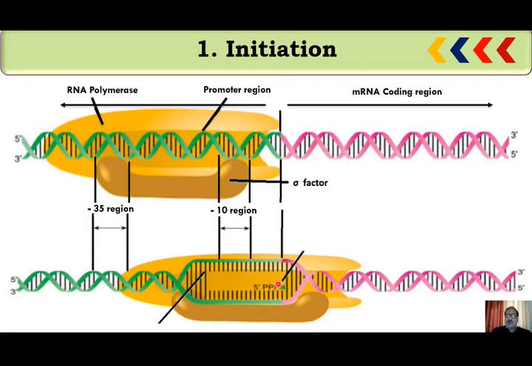Now, from -11 to +3, these nucleotides are separated. So this region we call melting, and this now forms the open promoter complex, and the initiating nucleotide gets exposed. So this whole process we call isomerization.